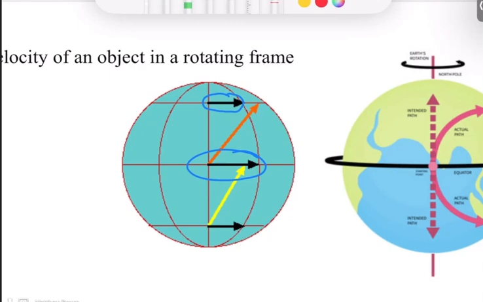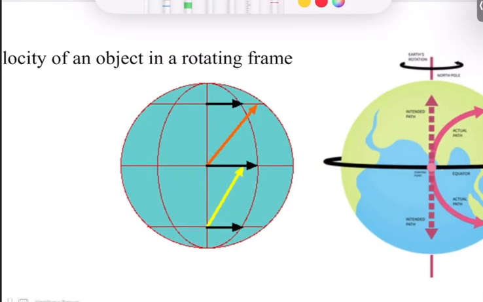But then what happens if you fire some projectile from Earth's equator, but you try to fire it straight up like that? Well, the horizontal component of its velocity remains the same.